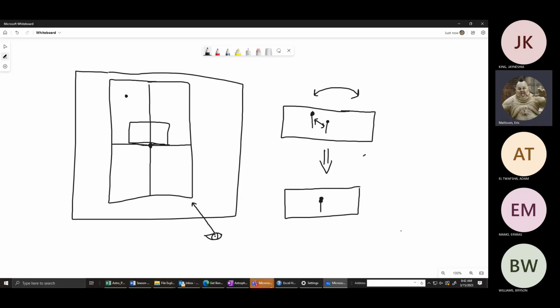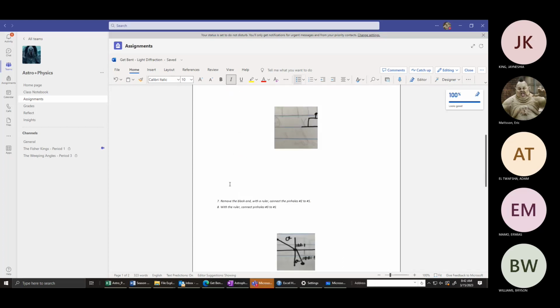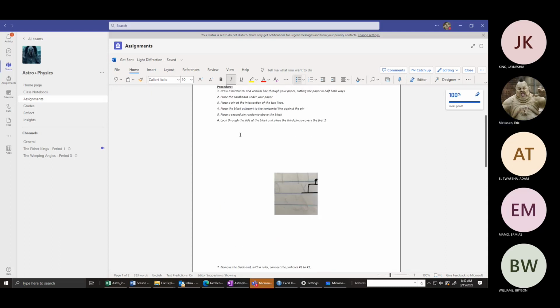Okay, then what you're going to do with the third pin is look to the side of the block and then place the third pin so it covers both of these other 2 pins.